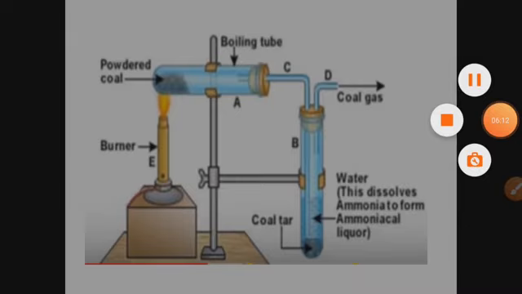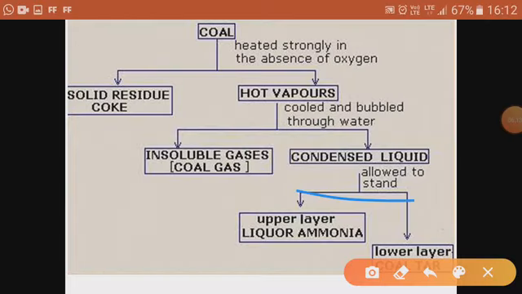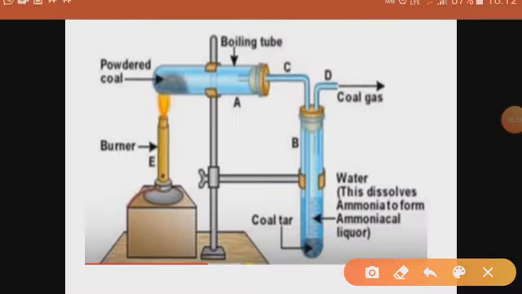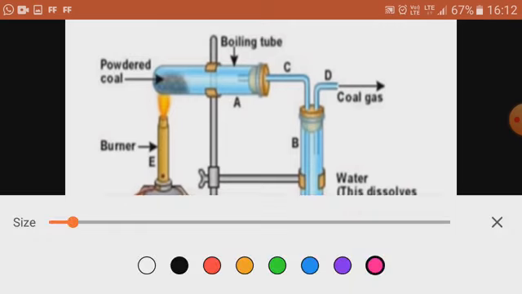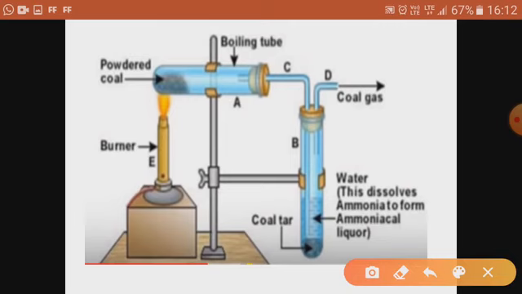Now in this picture, we can clearly see how destructive distillation of coal takes place. This is the laboratory setup. You already know this is coal, powdered coal, which is kept in a thick test tube. It is thick because we have to heat it, and we are heating the coal in the absence of air.